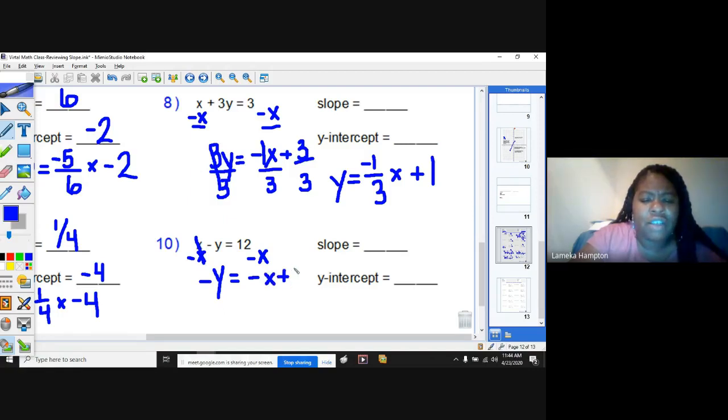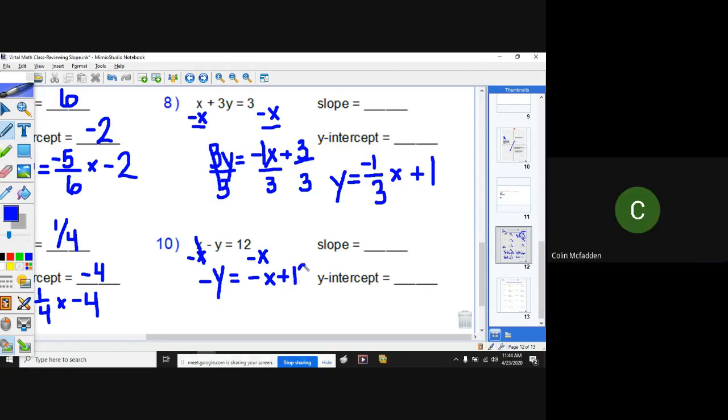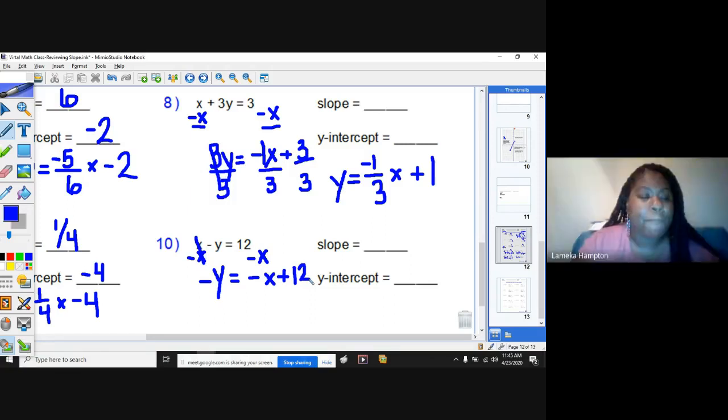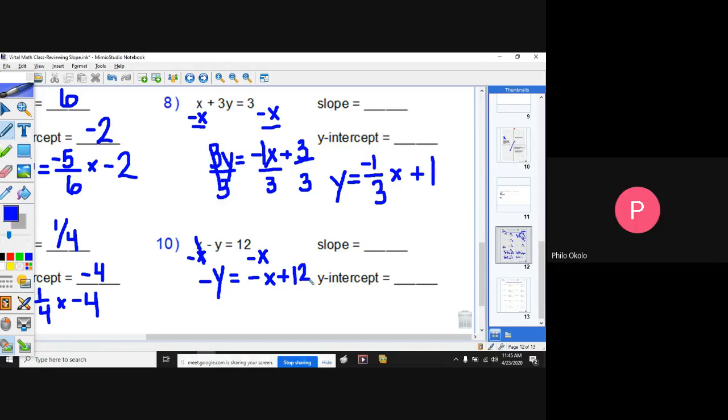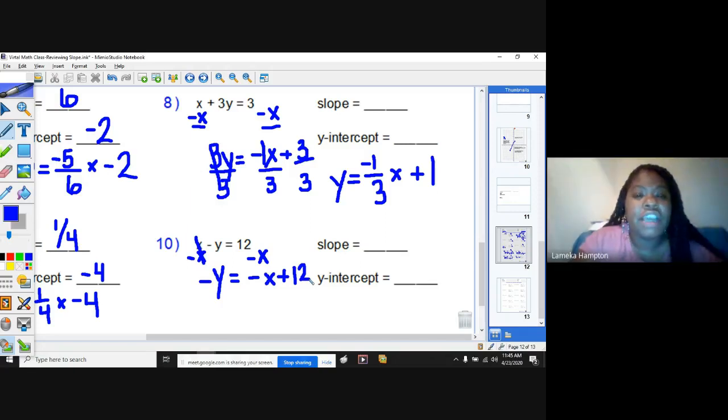Is this my final answer? So is negative y equal to negative x plus 12? Is that my final answer?